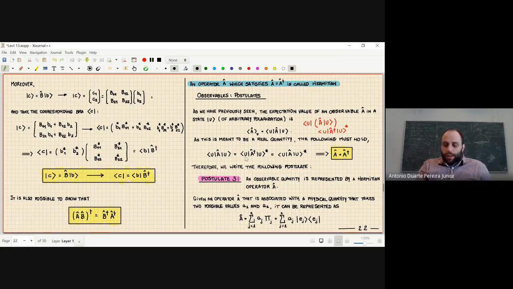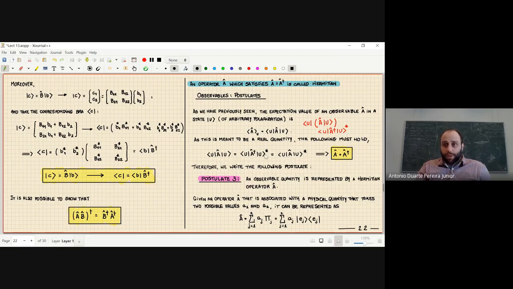But this equality here, so this number being equal to this number, is just a request that I make, that the expectation value of A must be a real quantity. Okay? So if this is real, then it must be equal to its complex conjugate. But it is also equal to this thing. Okay?